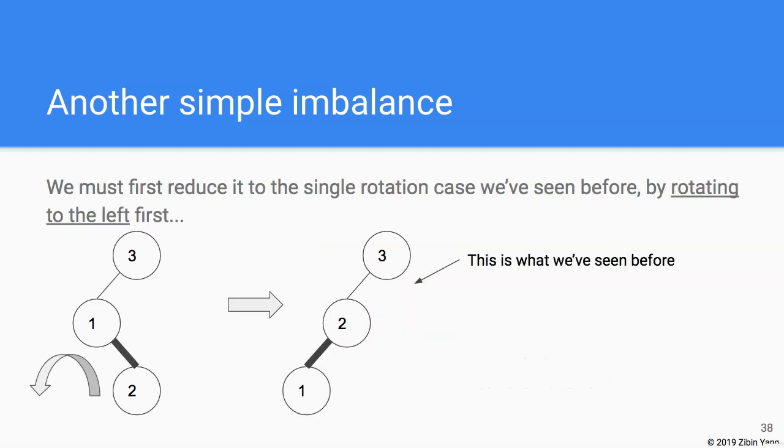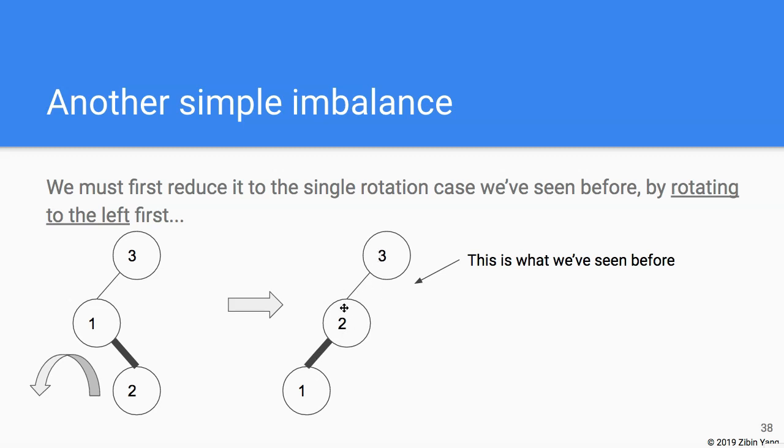Anyway, the way to actually do this is that it's going to take two rotations. So we are going to do the first rotation, and instead of rotating to the right, we're going to rotate to the left. We're going to bring 2 up, and then 1 is going to become the left child of 2, and that's okay because 1 is less than 2, so it's on the left-hand side.